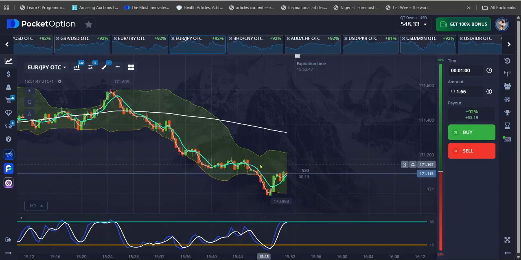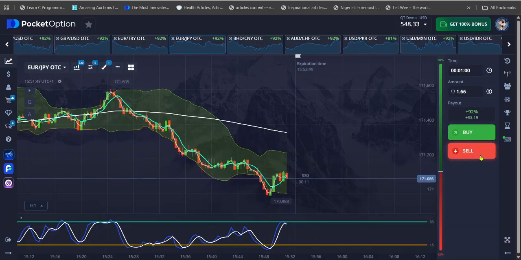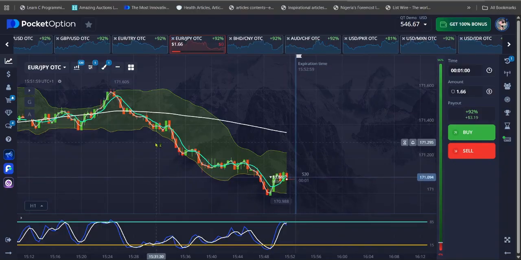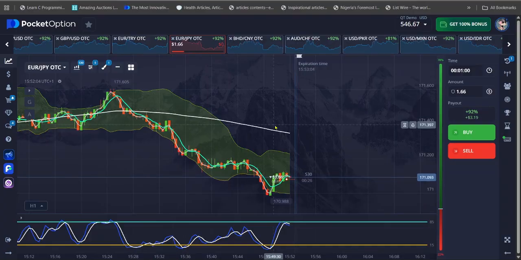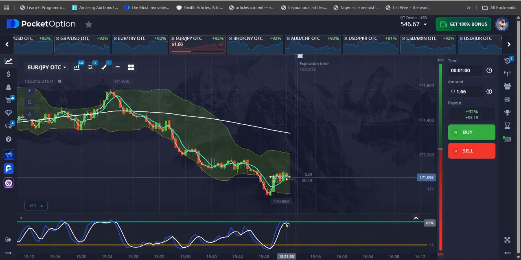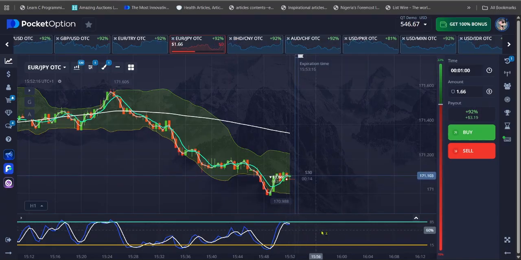This looks good to take a sell, so I'm going to take a sell here. Let's hope it moves in a direction. The reason, as you might already know, is that the 100 moving average is above the candlestick, and the stochastic oscillator is showing a tendency for a downward movement.